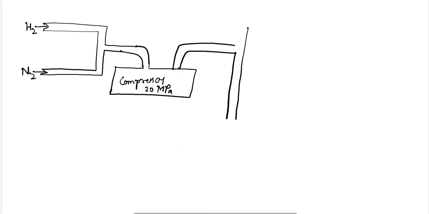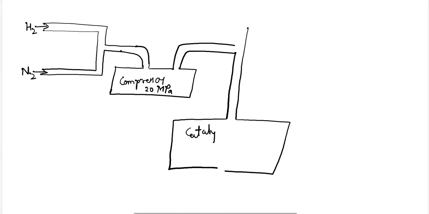From there, we take these compressed gases to the catalytic chamber. This is our catalytic chamber, where iron oxide is present with Al2O3 plus K2O.